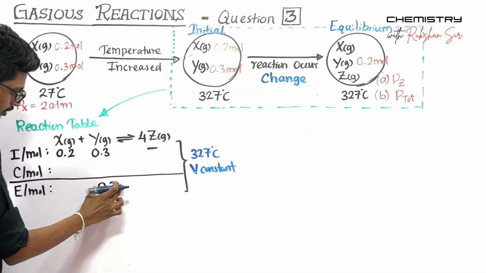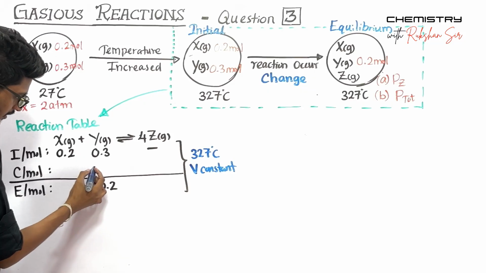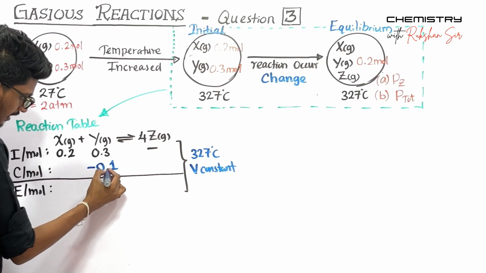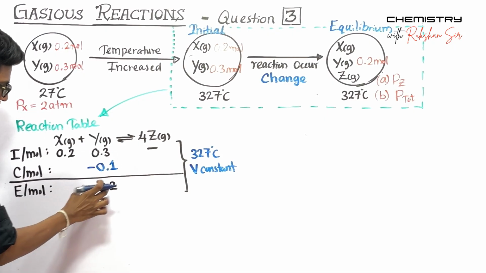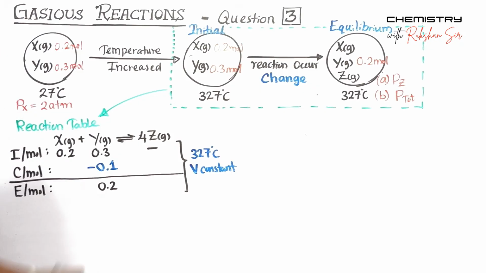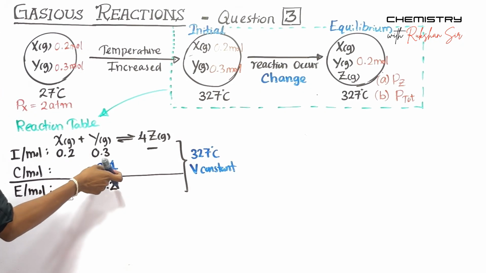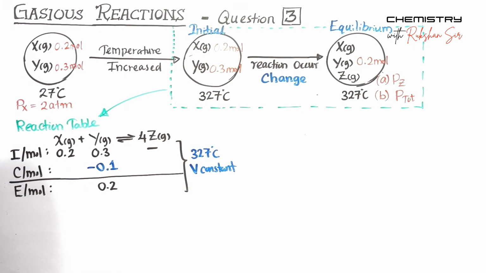At the end only 0.2 moles appear. That means 0.1 moles should be consumed in the reaction. Consumed means minus, right?